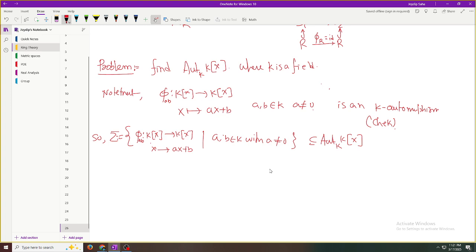Now let phi be any automorphism. Then phi inverse also belongs to Aut_k k[x].